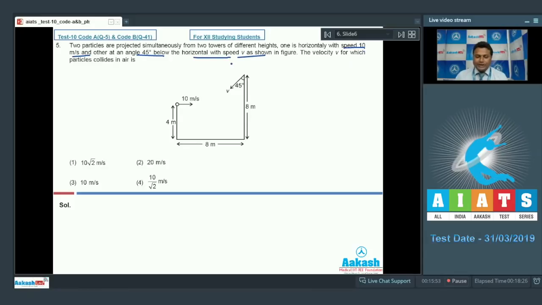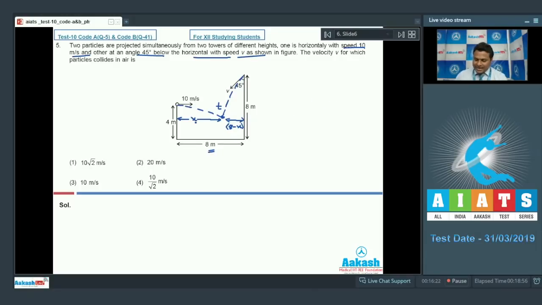Now suppose, according to the question, the particles are colliding in air, so suppose they are colliding at a certain point right here after time t. Now suppose this is distance x, then surely this will be 8 minus x, because total is 8 meter.